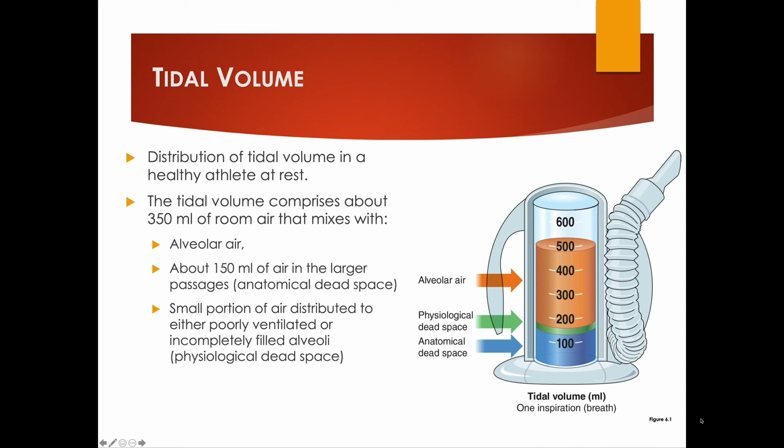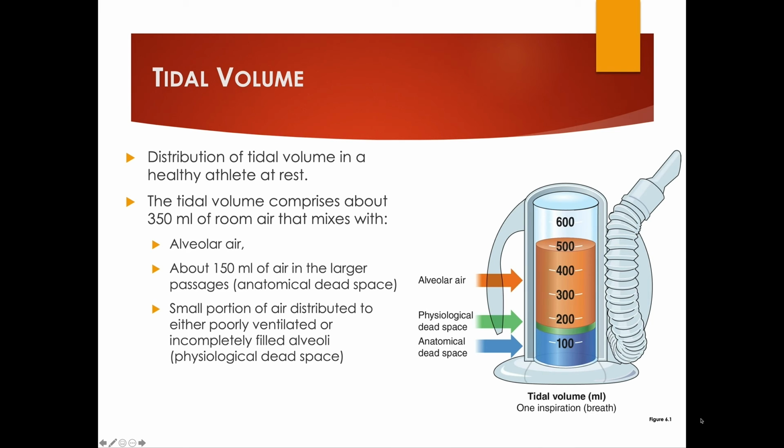It's comprised of about 350 milliliters of room air that mixes with some alveolar air, and then about 150 milliliters of air in the larger passages, the anatomical dead space, that's air that doesn't participate at all in gas exchange.